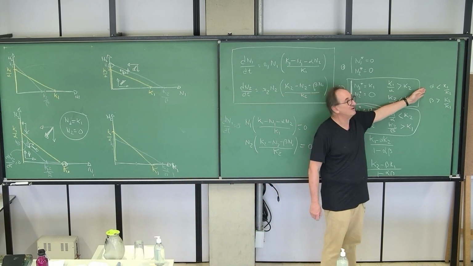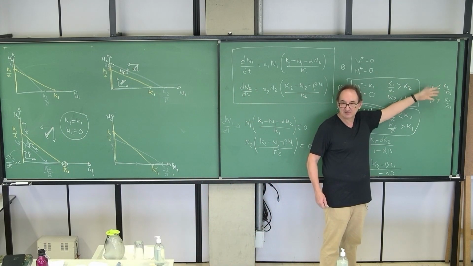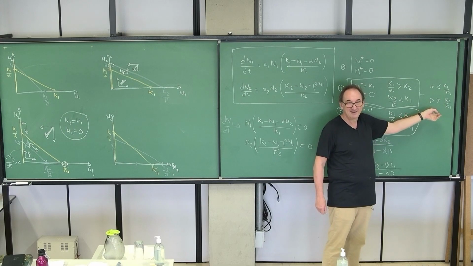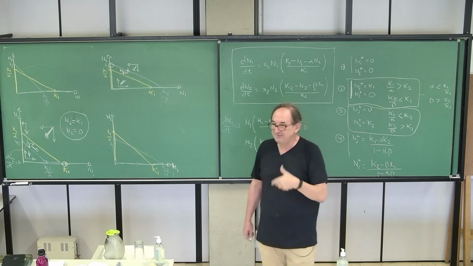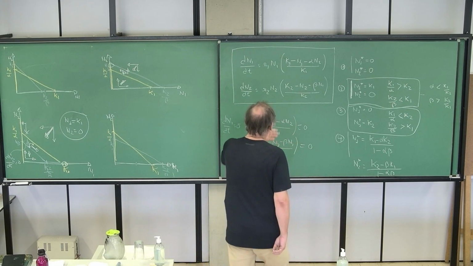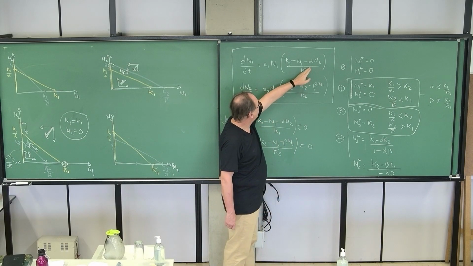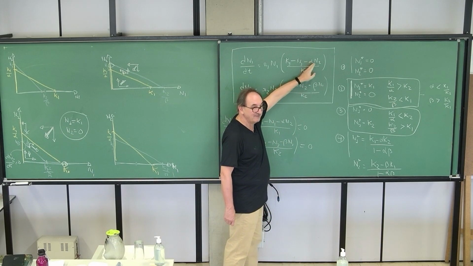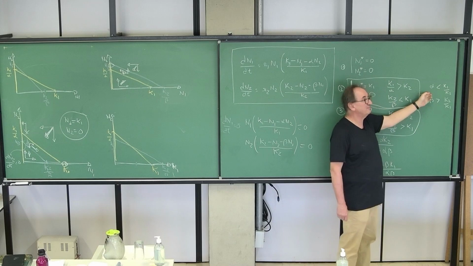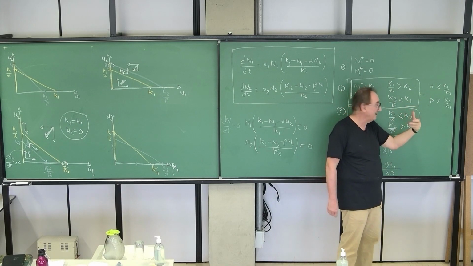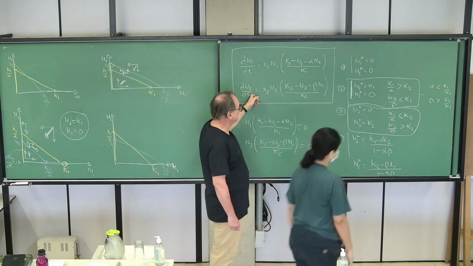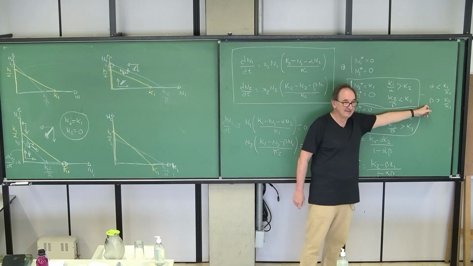Alpha can be small in some sense with respect to this thing, and beta has to be big. So alpha small means the effect of n2 on n1 is not very strong, because alpha has to be smaller than something, and the opposite for n1 affecting n2, but beta can be bigger than something.